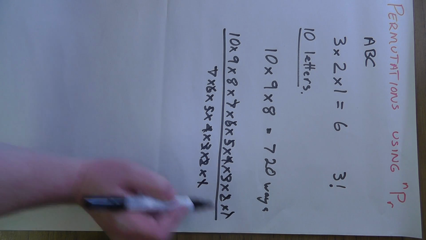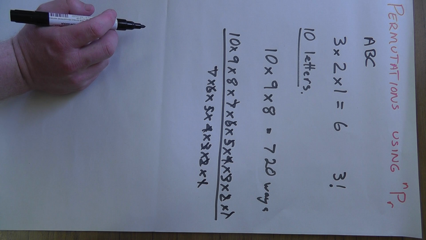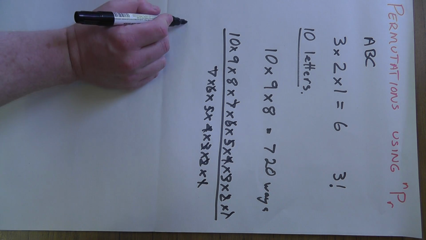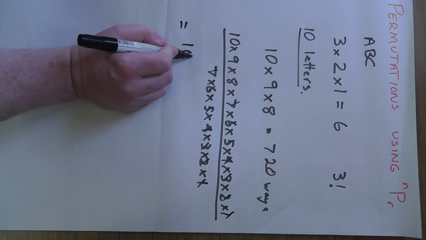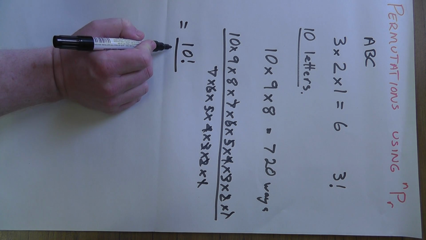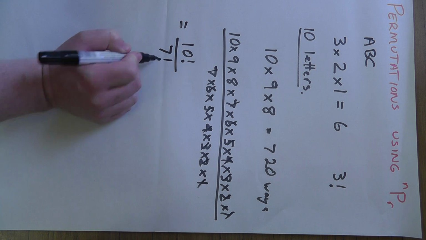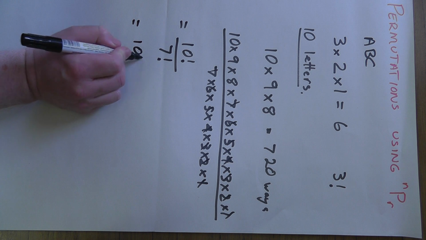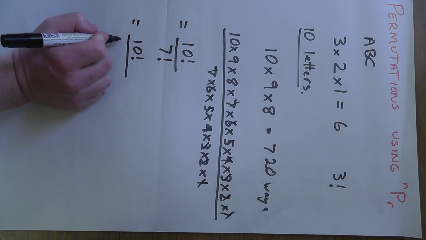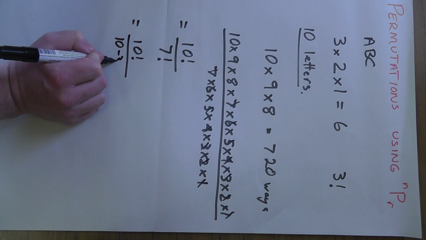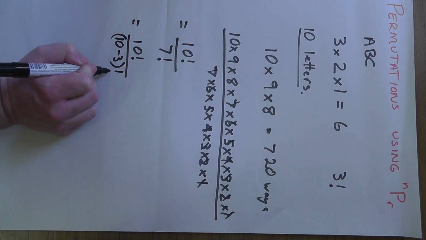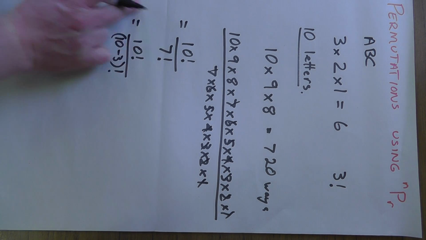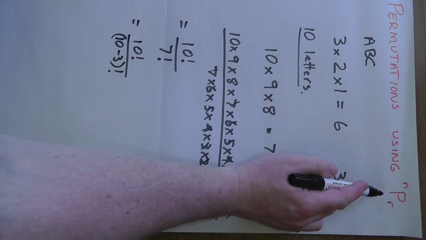They all cancel out. I'm left with my answer to my original problem. So another way of actually writing this is 10 factorial divided by 7 factorial. Another way of thinking about this, 10 factorial divided by 10 minus 3 factorial. This forms the basis of nPr.